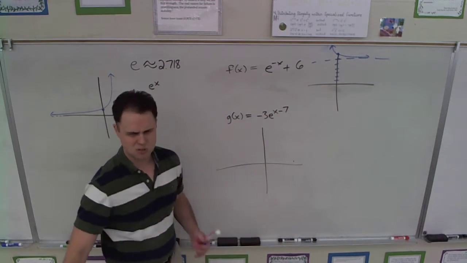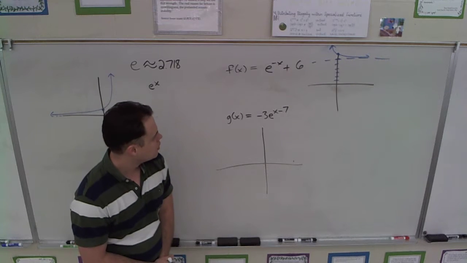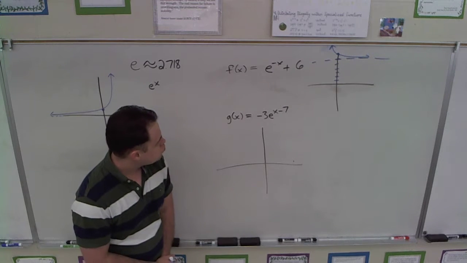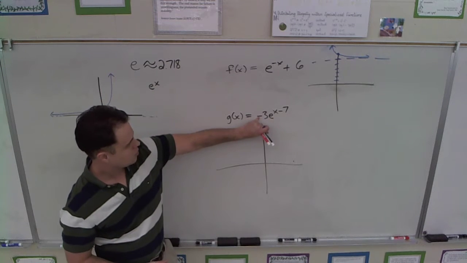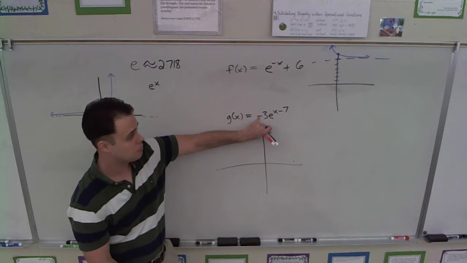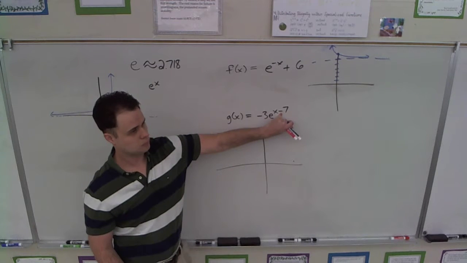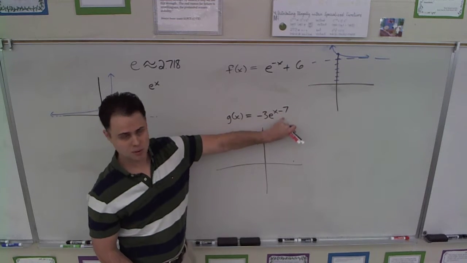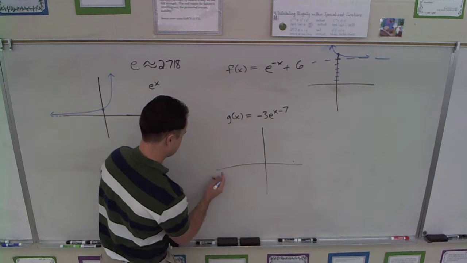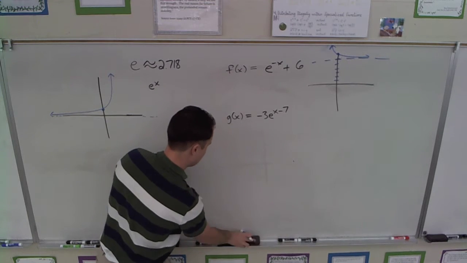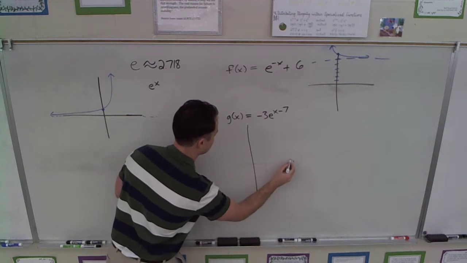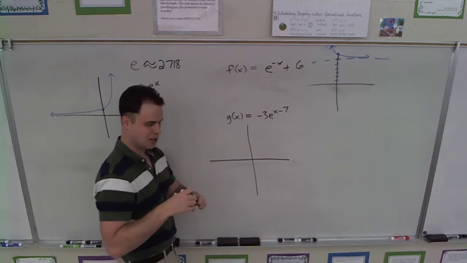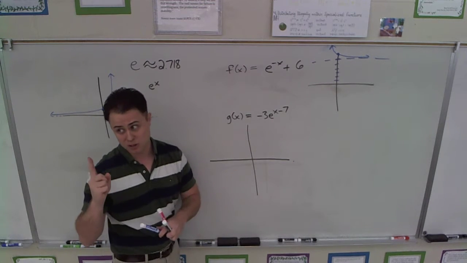This guy, what transformations do we have on him? A stretch, a flip down this time, and to the right. So I don't think the asymptote has changed. This is really sloppy. I'm trying to do a slightly better job, but I'm just going for a quick sketch. Remember, on yours, make sure you do a little bit better job than I'm doing here and have at least one other scaling point.